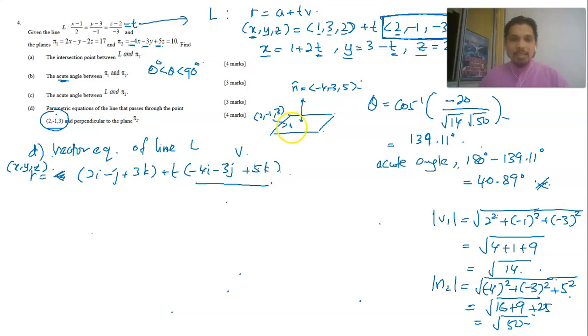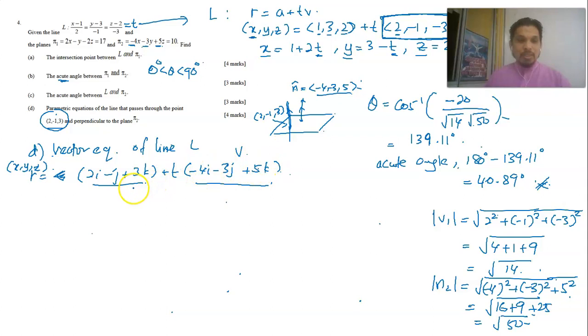So the line passes through the point and is perpendicular to the plane. So r equal to a, where a is the point coordinate 2, -1, 3, and our reference is the vector normal to the plane, -4, -3, and +5.